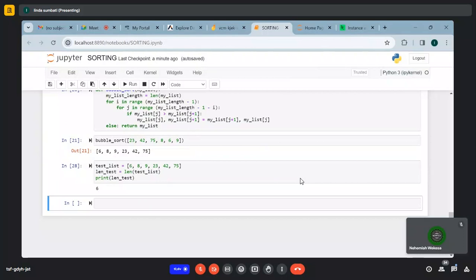So why are we saying the index there is starting from 0, 1, 2, 3, 4, 5? Because that is how we count in Python. You don't start from 1, you start from index 0 and move forward. You can't say that the index value of 6 is 1. The index value of 6 is 0. Okay. That is what is happening.